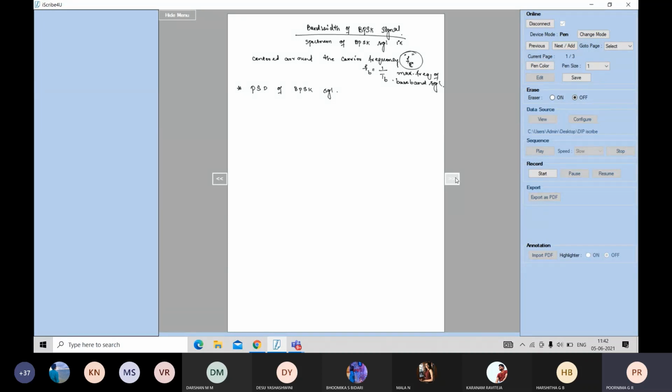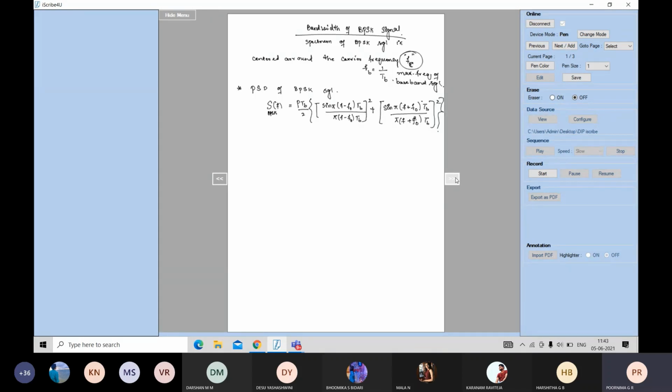So the power spectral density of the BPSK signal is given as S of F equal to P into TB by 2, times the sum of two functions: sin pi (F minus F naught) TB divided by pi (F minus F naught) TB, whole square, plus sin pi (F plus F naught) TB divided by pi (F plus F naught) TB, whole square.